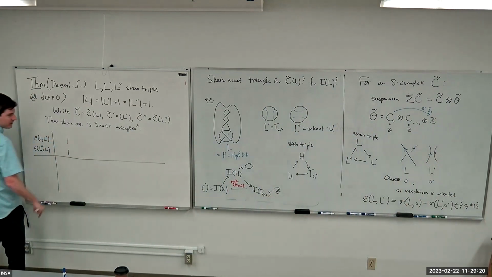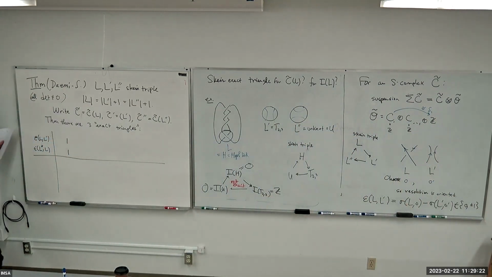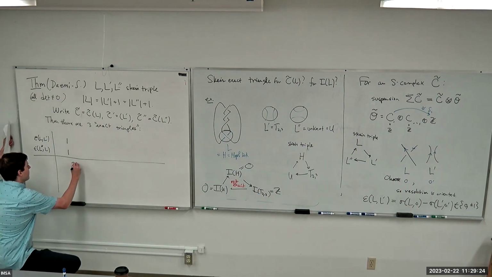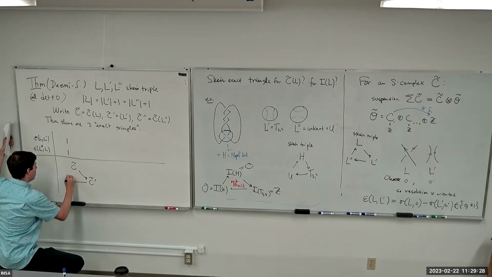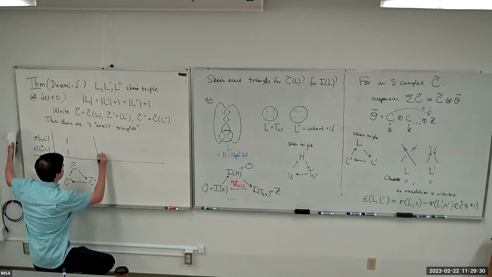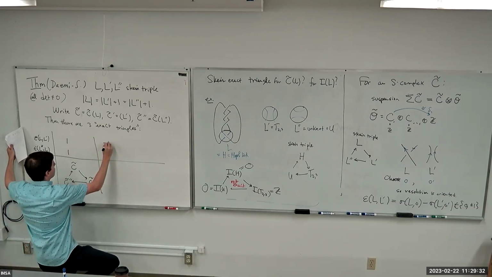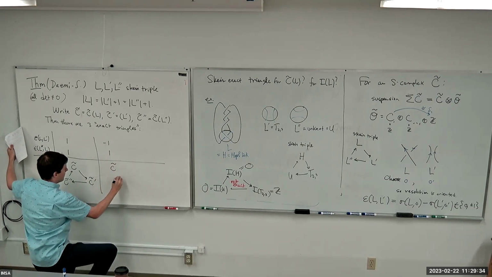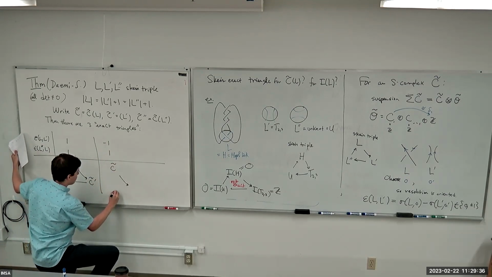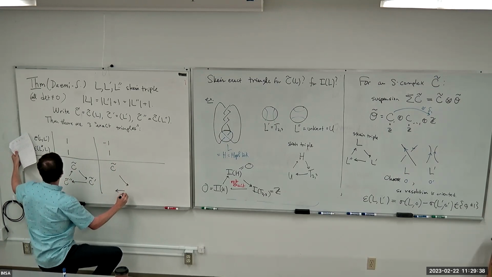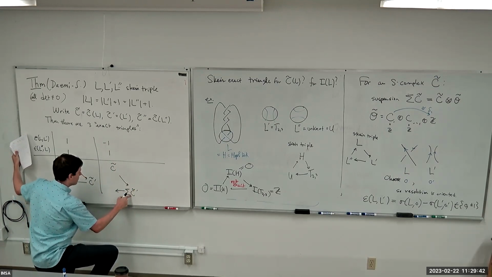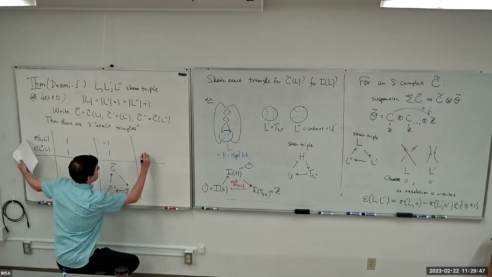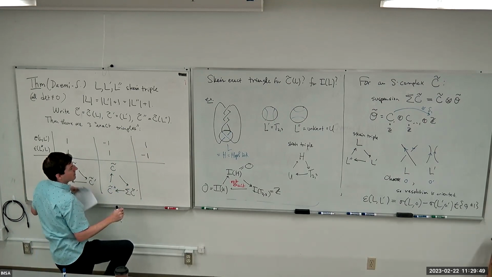If you get 1 and 1, you have the naive version of the exact triangle. If you have minus 1 and 1, you don't get the naive exact triangle. You have to use this algebraic operation of suspension at one of the vertices, on one of the S-complexes. So in this case, it's here. And there's one last possibility.